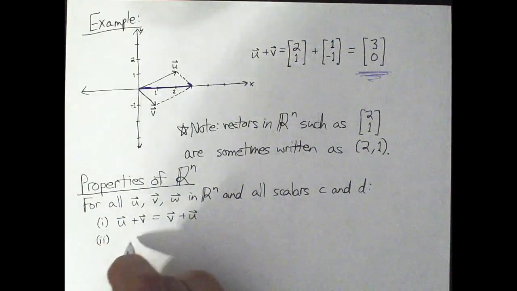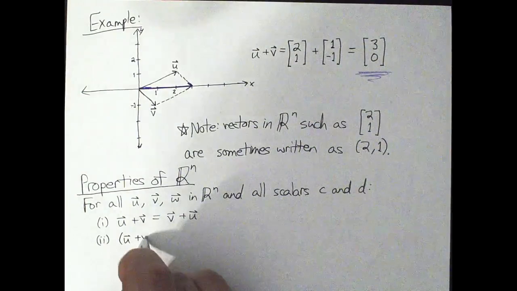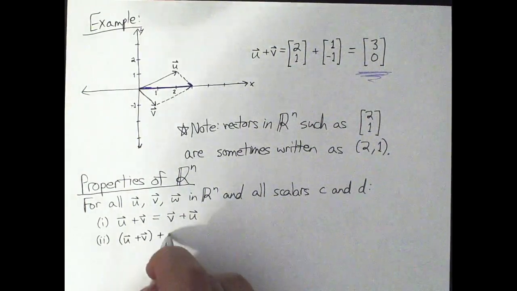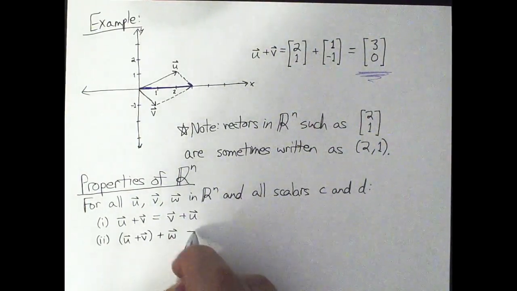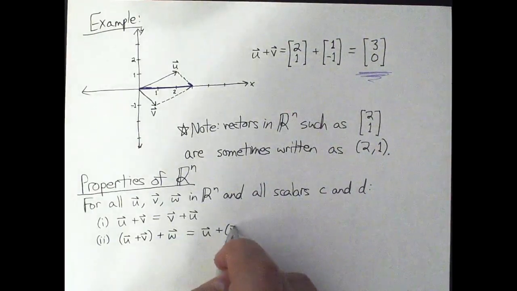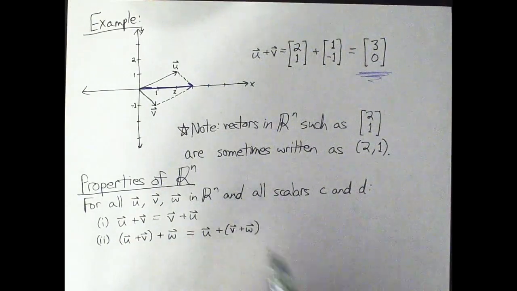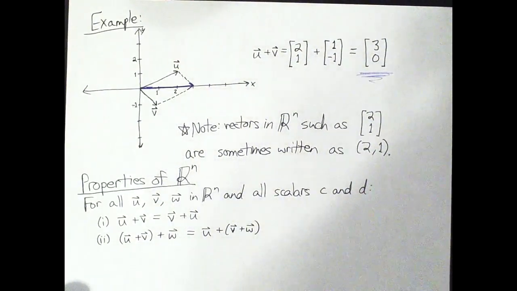Another property is with parentheses, the vector u plus v plus w with those parentheses is equal to this. So on the left-hand side, if you added all those vectors together, you'd get a vector. On the right-hand side, if you add them all up, you'd get a vector.